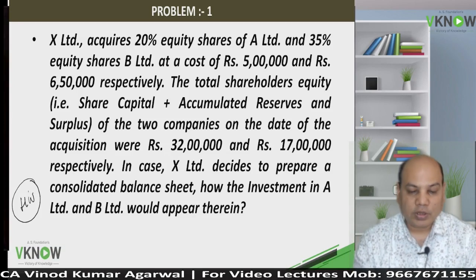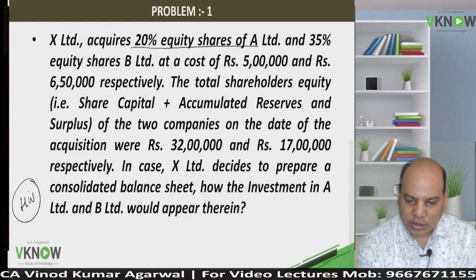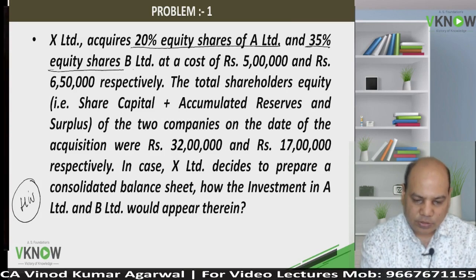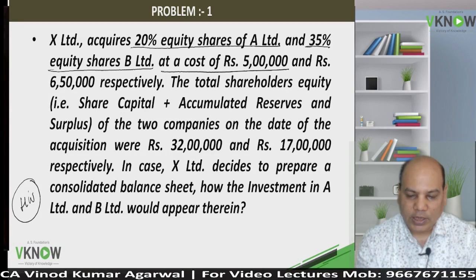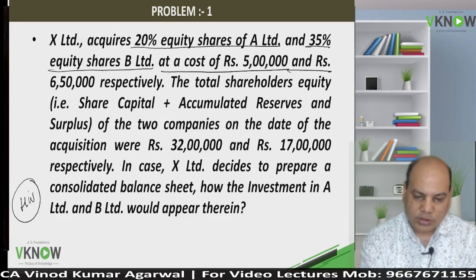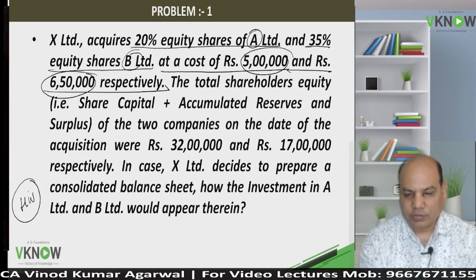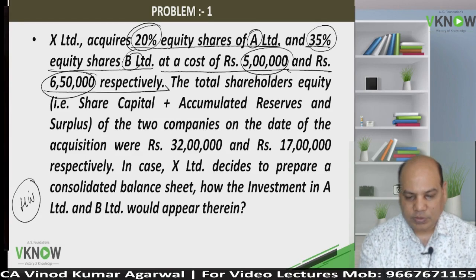Pay attention. X Limited acquires 20% equity share of A and 35% equity share of B at a cost of rupees 5 lakh and rupees 6 lakh 50,000 respectively. So for A you paid 5 lakh, for B you paid 6 lakh 50,000, and the stake acquired is 20 and 35%.